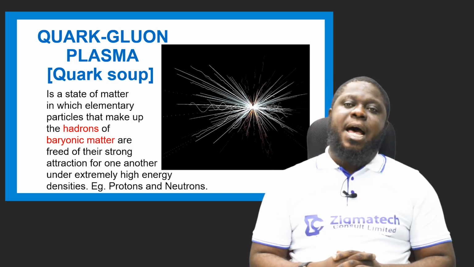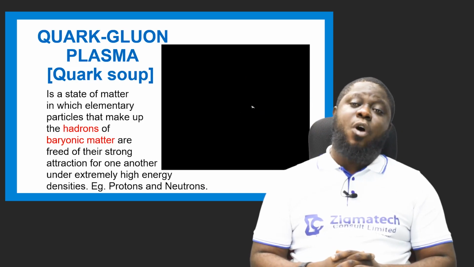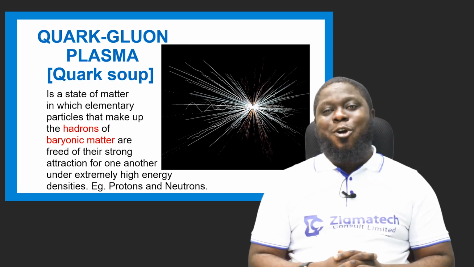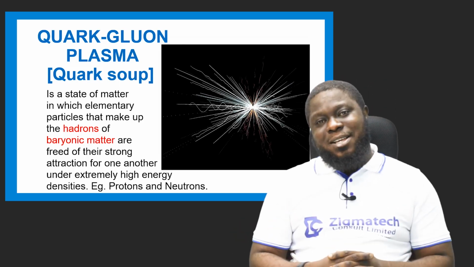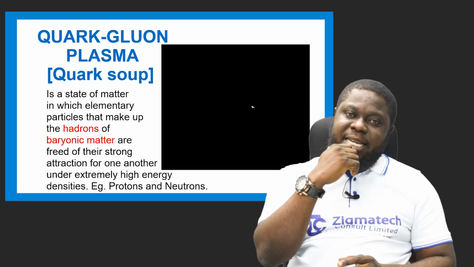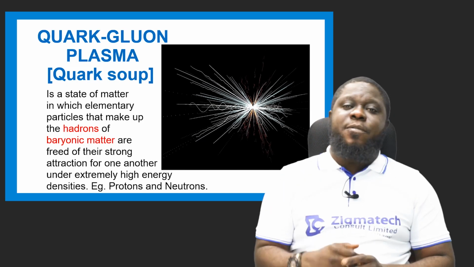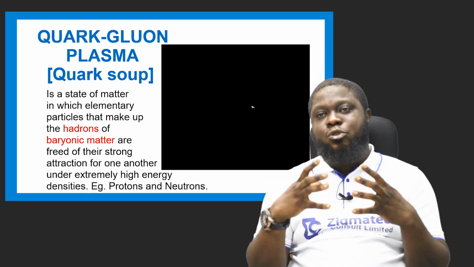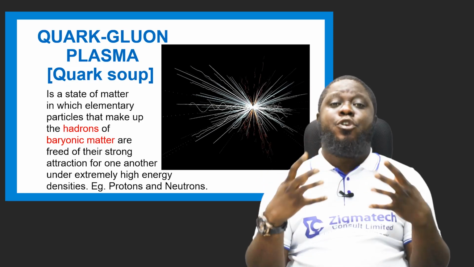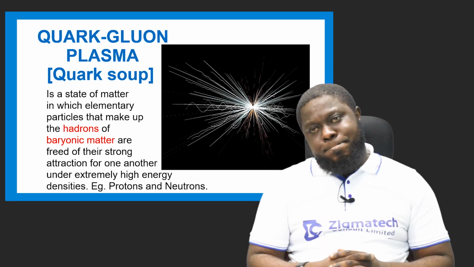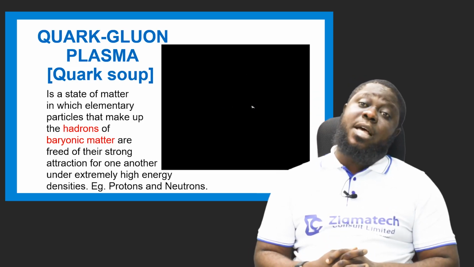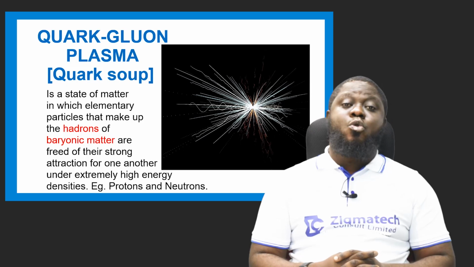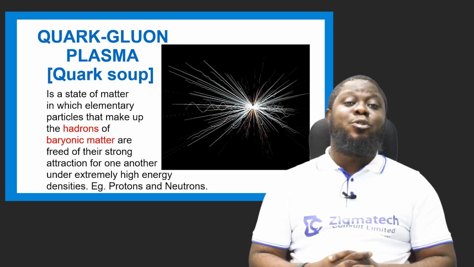I told you that this state of matter is called a soup because it combines two things together. It is the only state of matter that has two particles together, two phenomena together. When you want to cook soup, there are so many things you bring together.